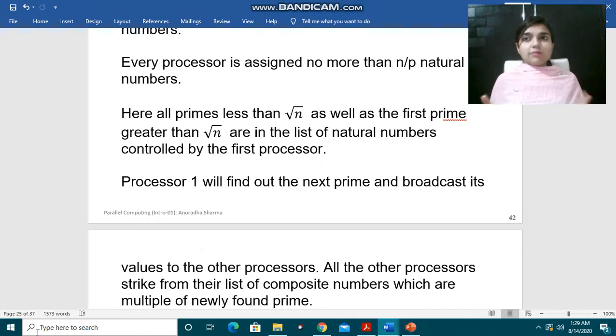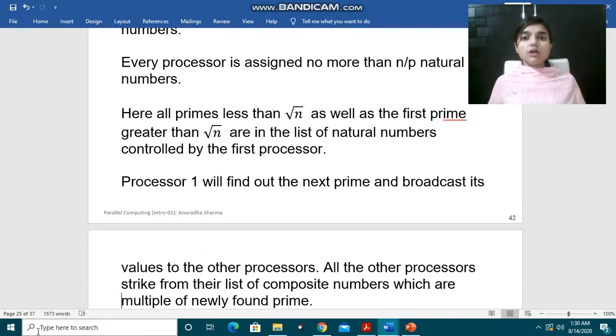Now, which segment will be given to the first processor? The first processor will contain all the primes which are less than root n, and also the first prime which is greater than root n.